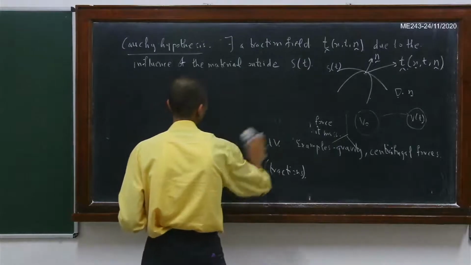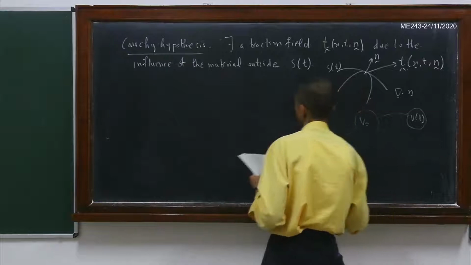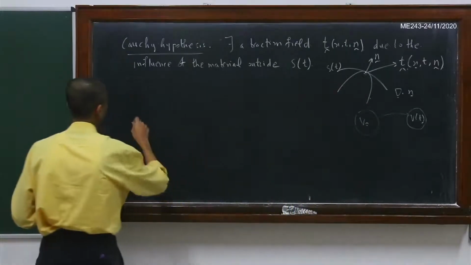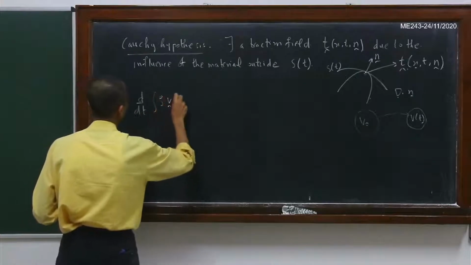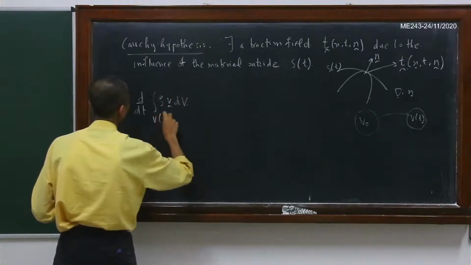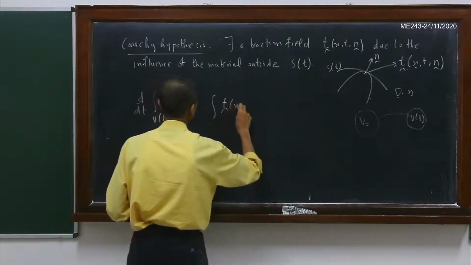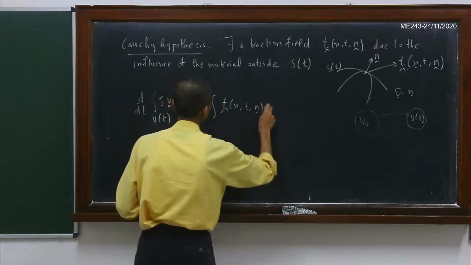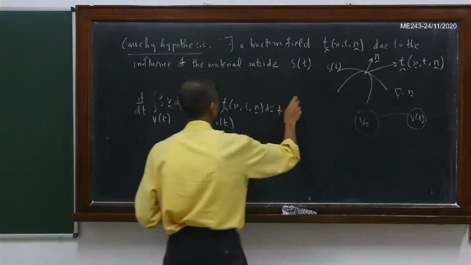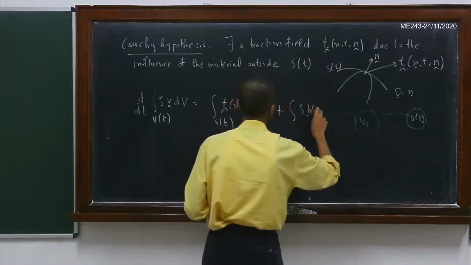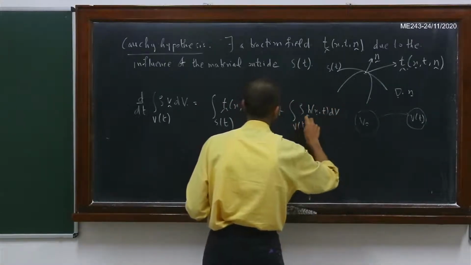So first let us write down what we mean by this balance of linear momentum now. The rate of change of linear momentum, d by dt of the integral of rho v times dv over V of t, is equal to the integral of t of x, t, n ds over S of t, plus the integral of rho b of x comma t times dv over V of t.